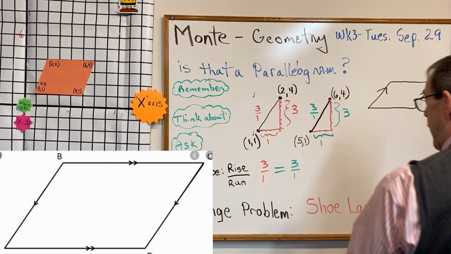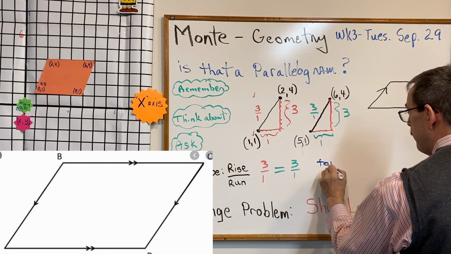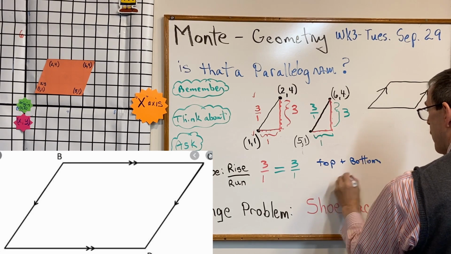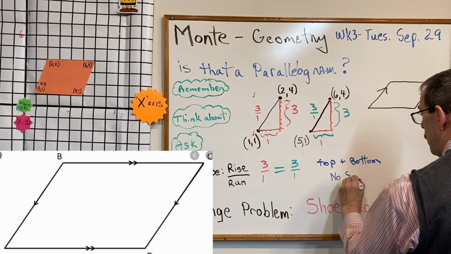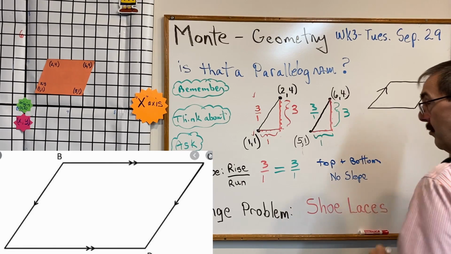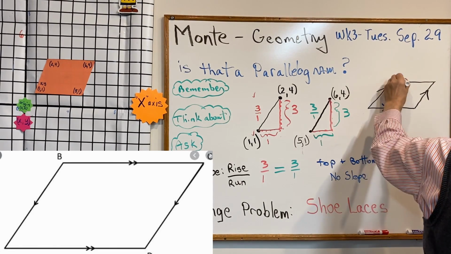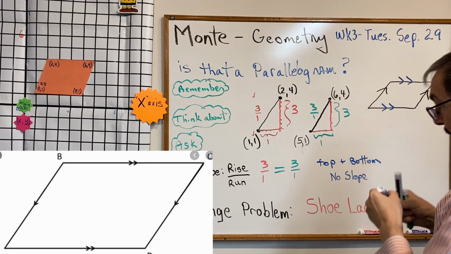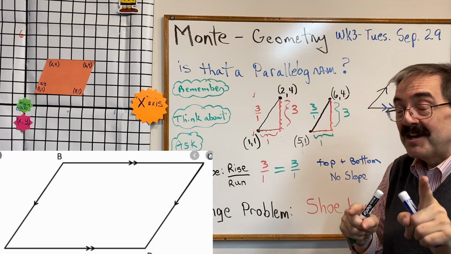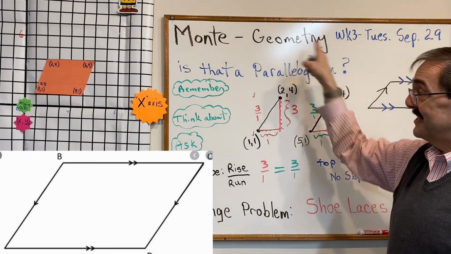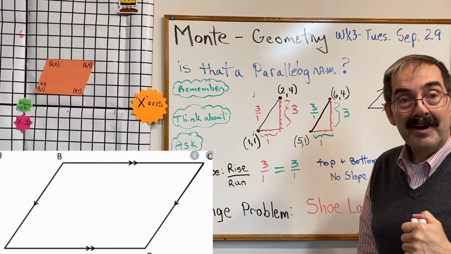So I'm actually going to write that. Top and bottom, no slope. Well, if they have no slope, they're parallel. We didn't even have to measure the distance to determine that this is indeed a parallelogram.